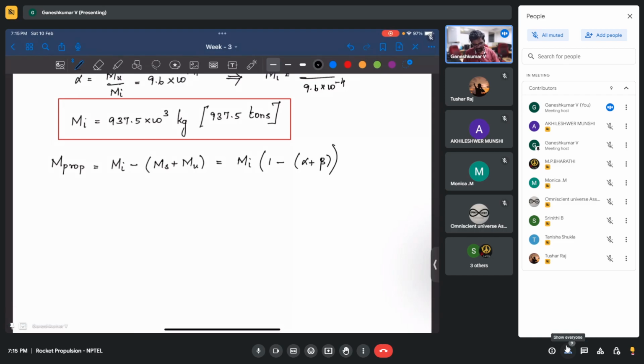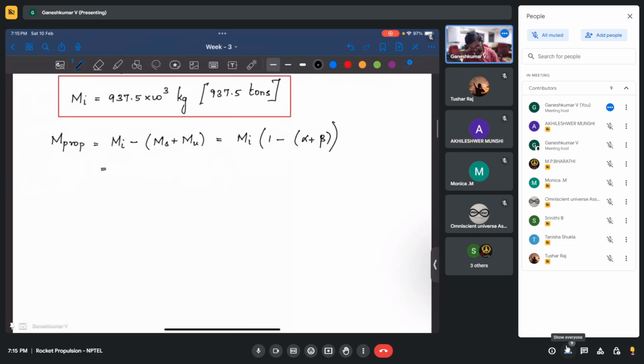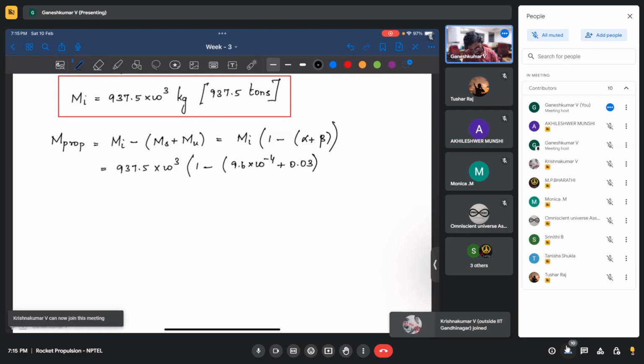I'm just taking Mi out, so you will have Ms by Mi and Mu by Mi, which is alpha plus beta. It's just straightforward mathematics. So 1 minus (9.6 into 10 power minus 4 plus 0.03). If that is the case, what is the propellant we have?